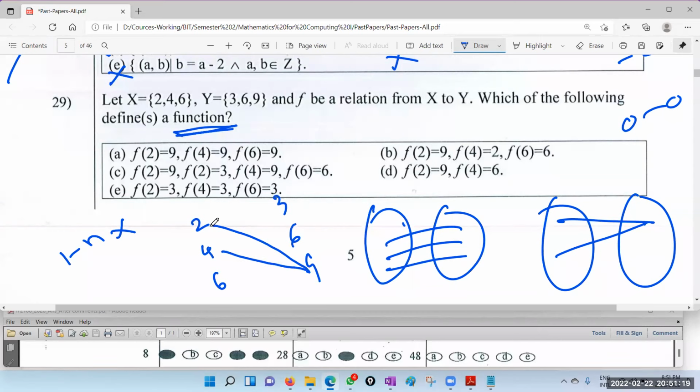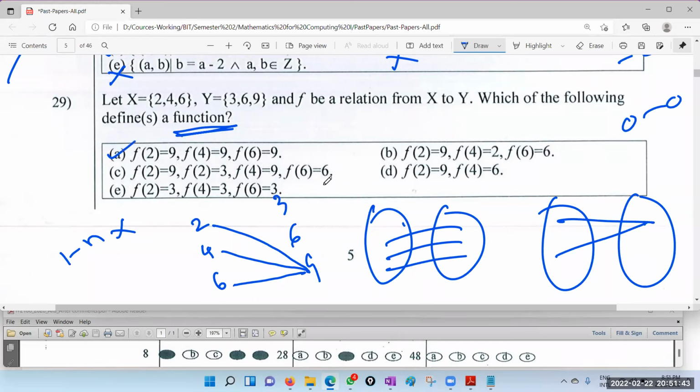Okay, that is fine, because 1-to-many is the one that can't be, and 6 to 9. That is fine, right? So it's a many-to-one relation, and all the values are mapped. Many-to-one is okay. 1-to-many is the one that is not allowed. So therefore, this is a function.